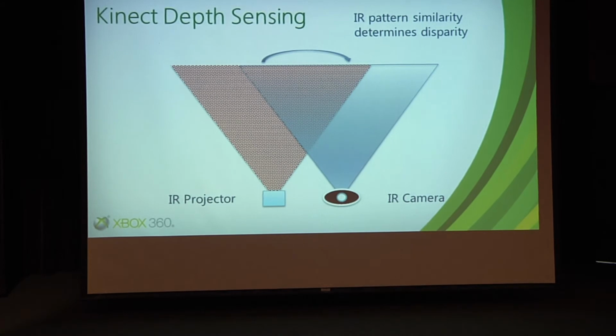And so based on reading that distortion of projected images, Connect can calculate the 3D scene in front of it. I want to emphasize this because a lot of people have this misconception that the Connect does 3D sensing using time of flight, which is how long it takes a projected beam to come back to the Connect. It actually does not do time of flight calculation, it does distortion-based calculation.